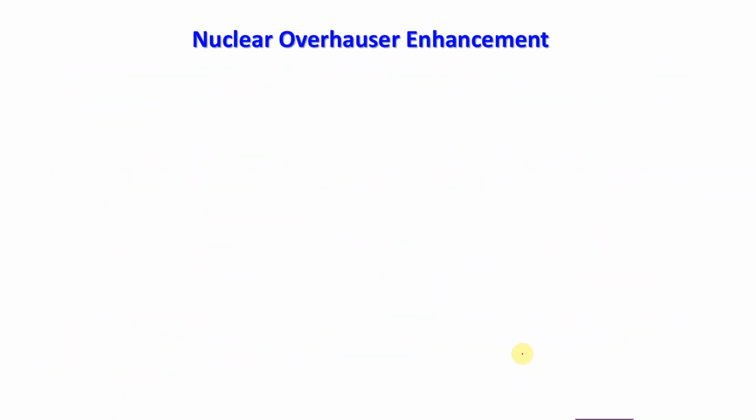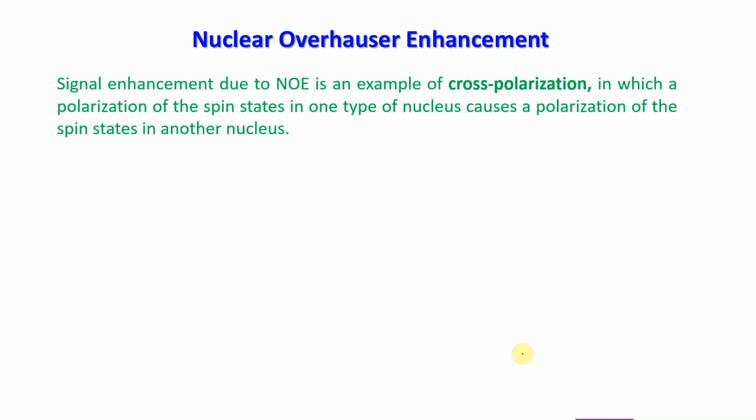Okay. So in nuclear Overhauser enhancement, the signal enhancement due to the nuclear Overhauser effect is an example of cross polarization, okay, cross polarization. This terminology you have to remember. This cross polarization is one in which a polarization of the spin states in one type of nucleus causes the polarization of the spin states in another nucleus.